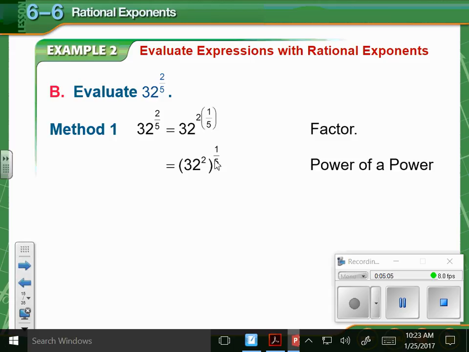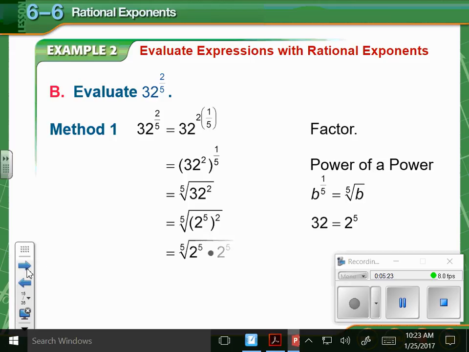And the 1/5 is the 5th root of 32 squared. 32 is 2 to the 5th, so I have 2 to the 5th times itself, so in other words, I have the 5th root of 2 to the 5th and 2 to the 5th, which makes it just 2 times 2, which is 4.